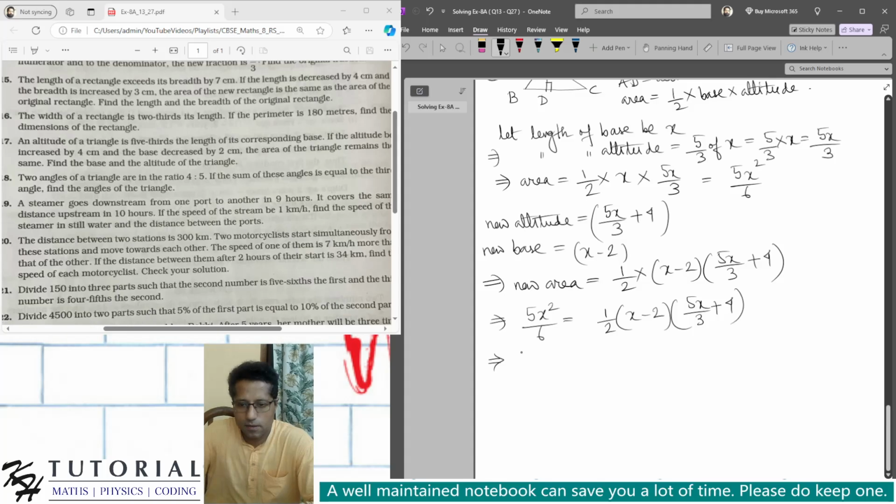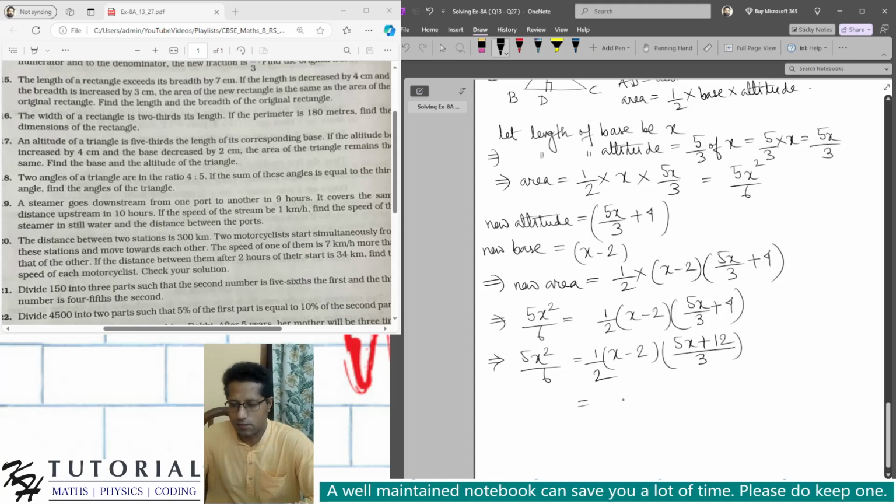If we do a little bit of simplification, we have 5x square by 6 is equal to x minus 2, and if we simplify 5x by 3 plus 4, it will be 5x plus 12 by 3, and we have outside half.